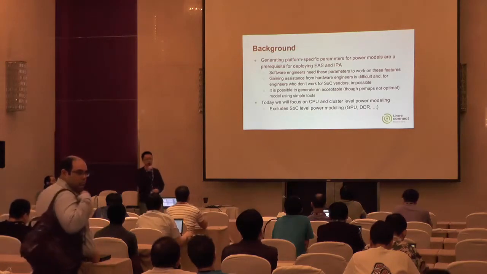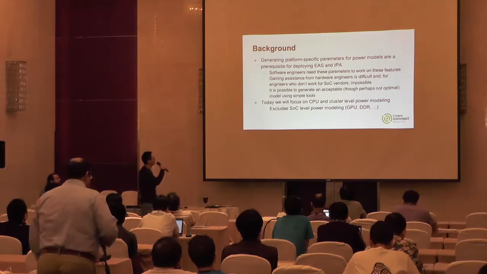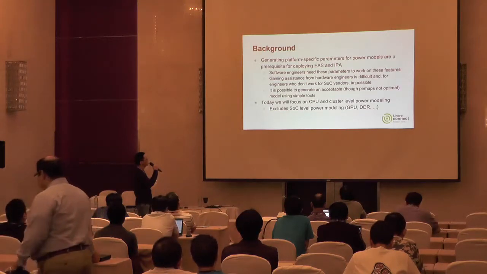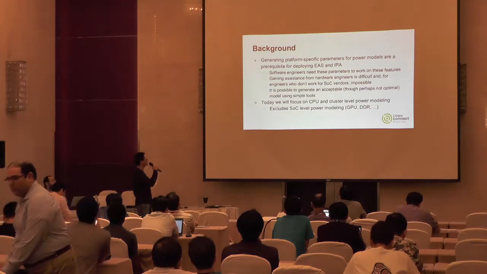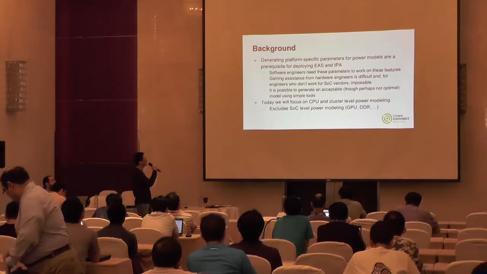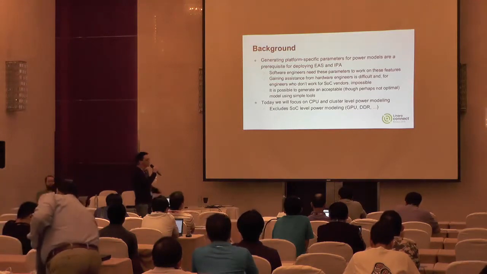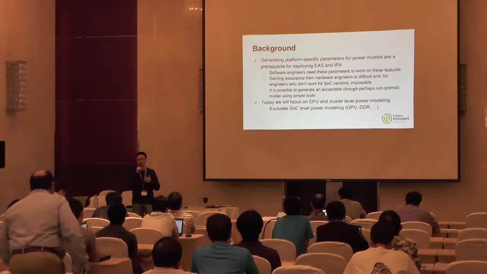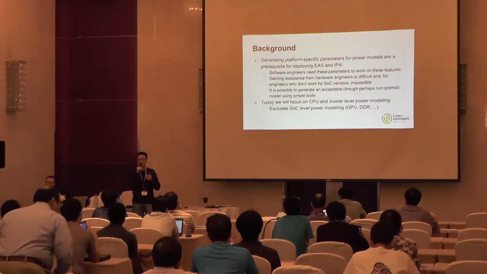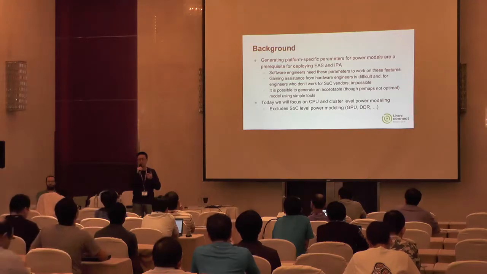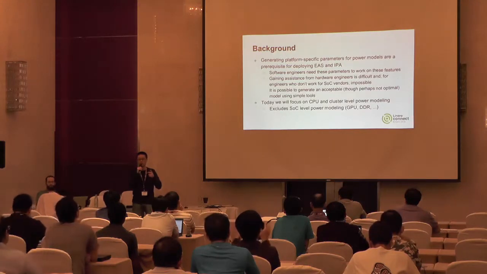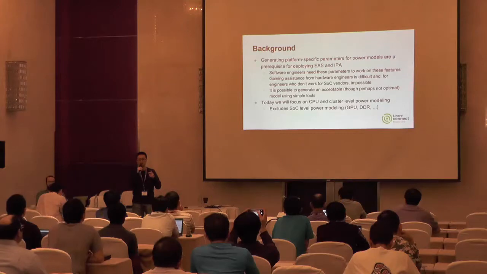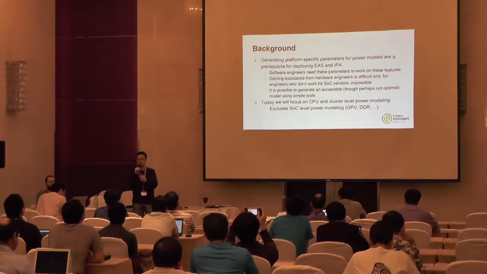The background is that generating platform-specific parameters for power models is a prerequisite for deploying EAS and IPA. If we go back to review the HMP or the cpufreq governors, we know that if we want to enable some software feature, we just enable the configuration in the kernel and use it.